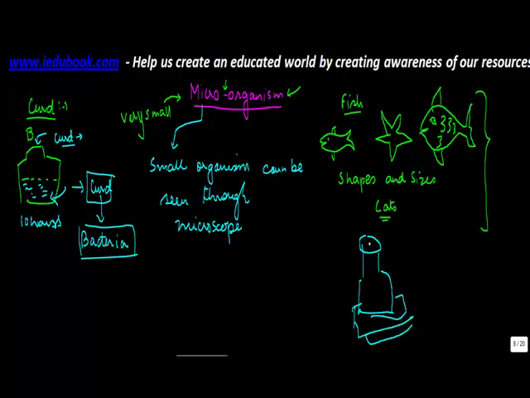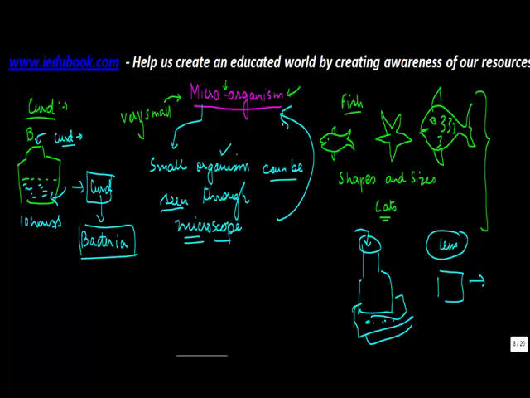You basically look at it from the top and it has a lens which will increase the size of the small organisms hundreds and thousands of times bigger. So those organisms which can be seen only through a microscope are known as microorganisms.